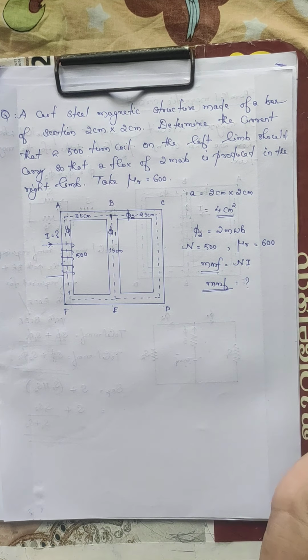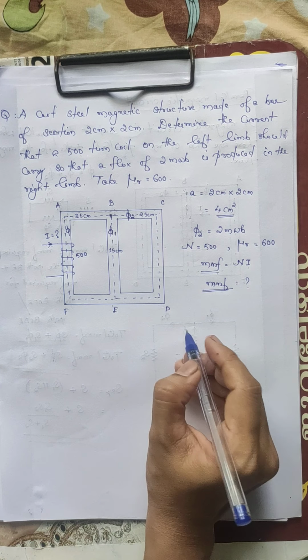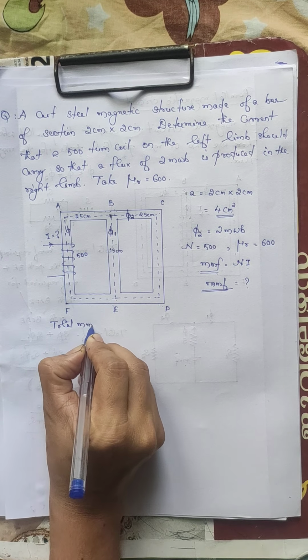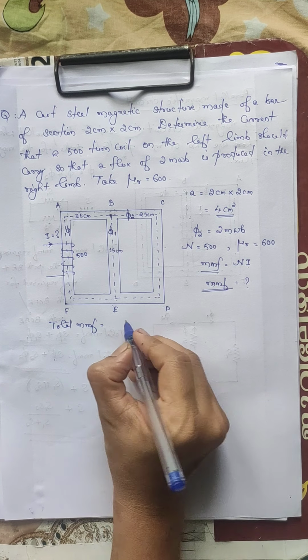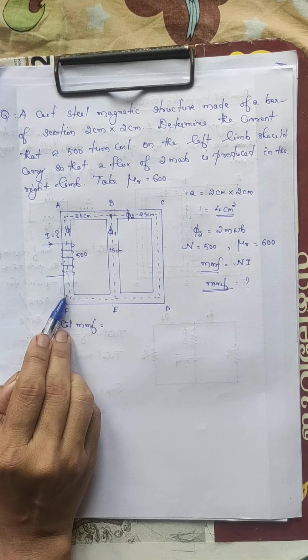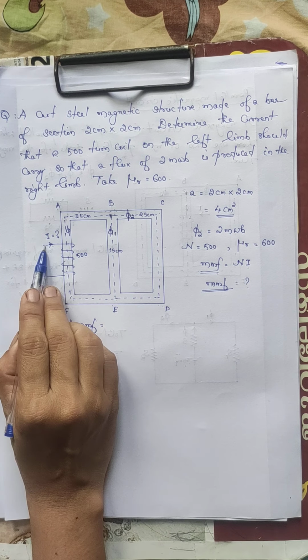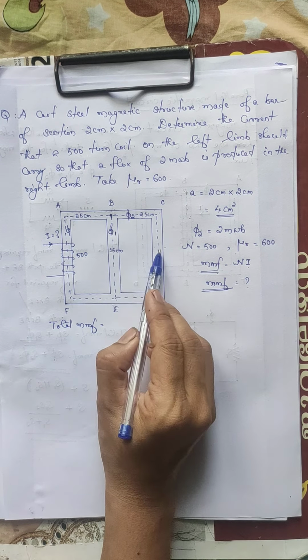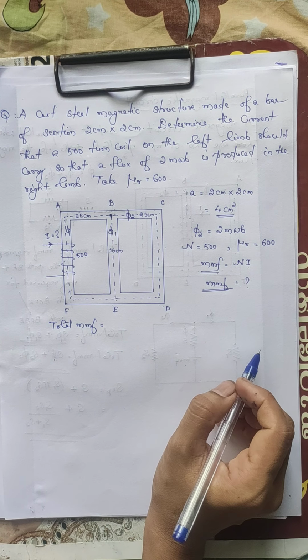Now we know that for a parallel magnetic circuit, the total MMF is equal to the MMF of the limb over which the coil is wound plus the MMF of any one of the parallel paths.